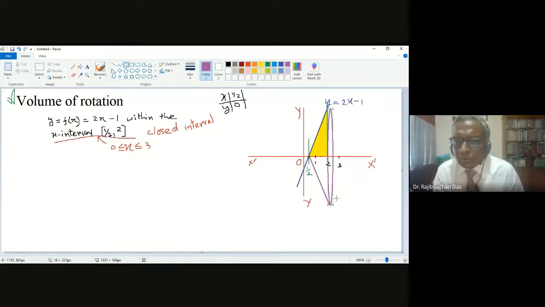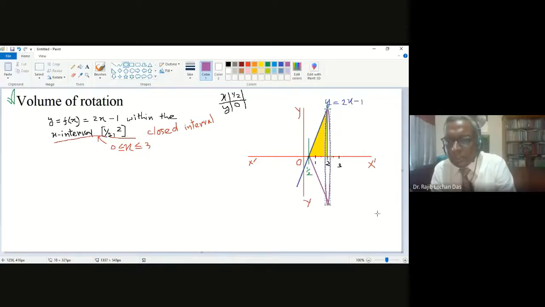So in this case you imagine that the whole plate of yellow color will be rotated like this.